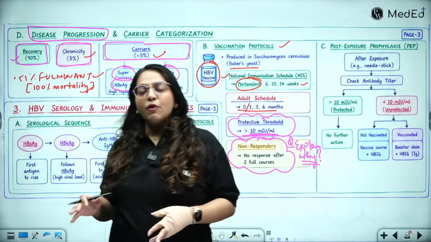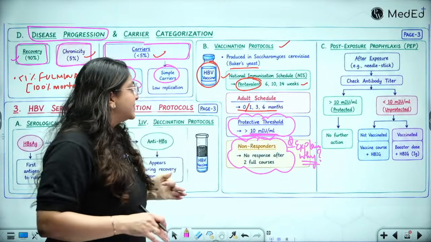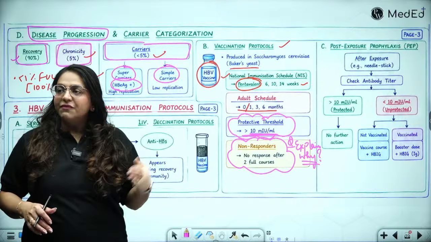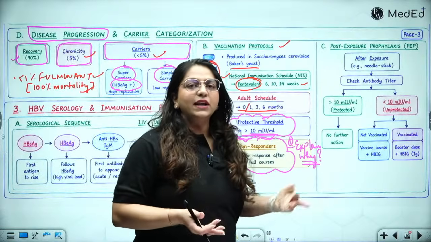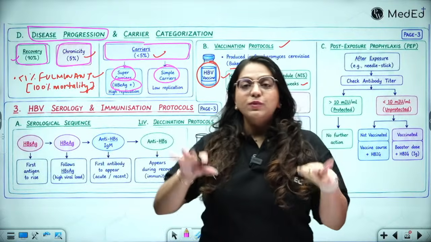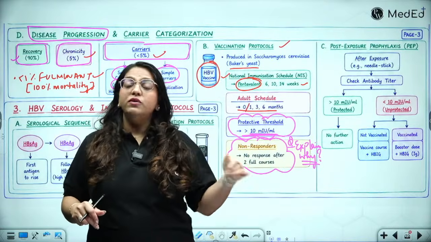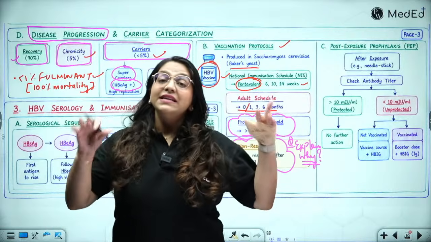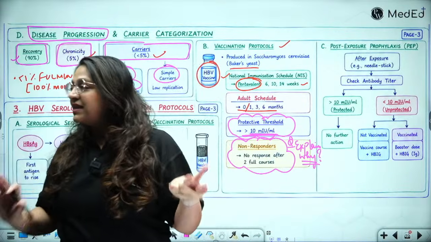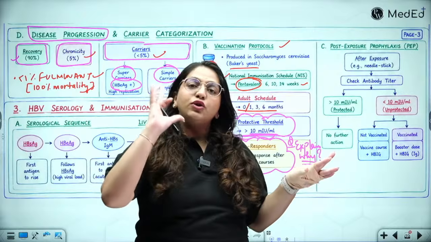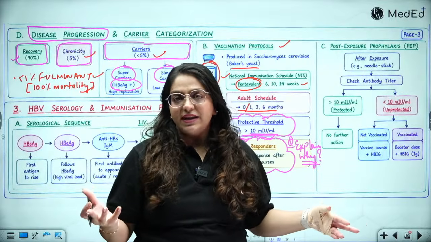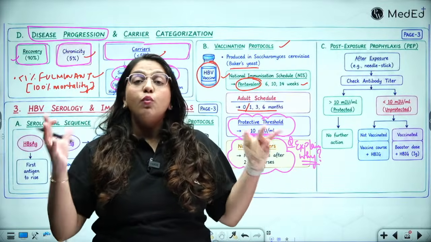So who are non-responders? Like I said, the vaccination is given in 3 doses. So they have taken the 3 doses, then they went and got their antibody titers checked. It was less than 10 milli international units per ml. So they went and took another schedule. Again, they took 3 doses of vaccine. Still, the titers did not rise more than 10 milli international units per ml. So what does that mean?